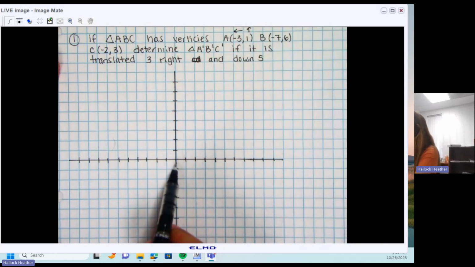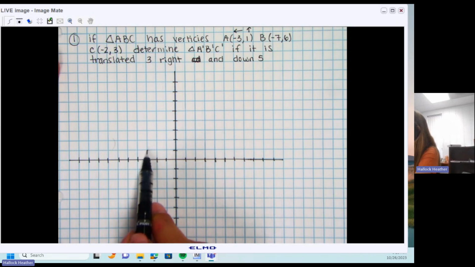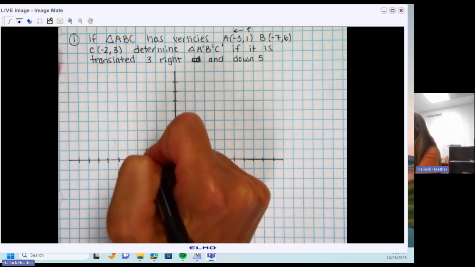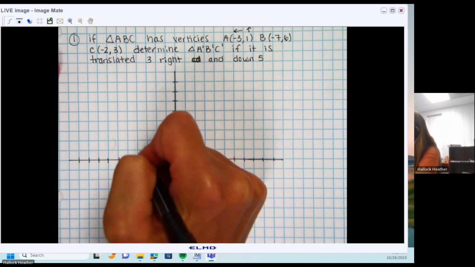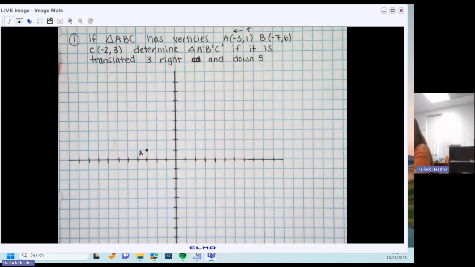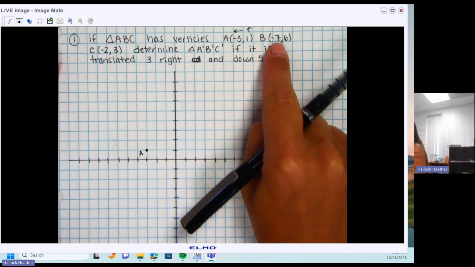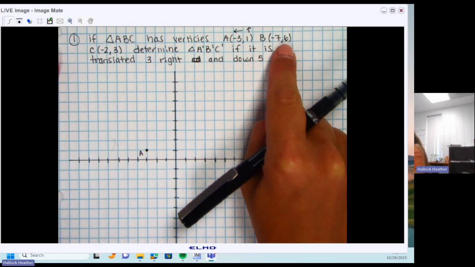For A, -3, 1, you go left 3 and up 1. Starting at 0, 0, I go to -3: 1, 2, 3, and then up 1, and I label this point A, the original A. B is at -7, 6.